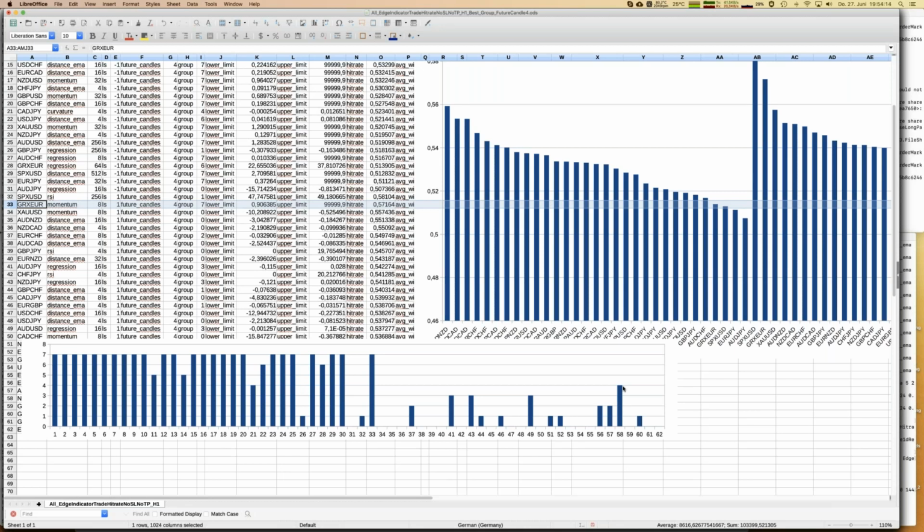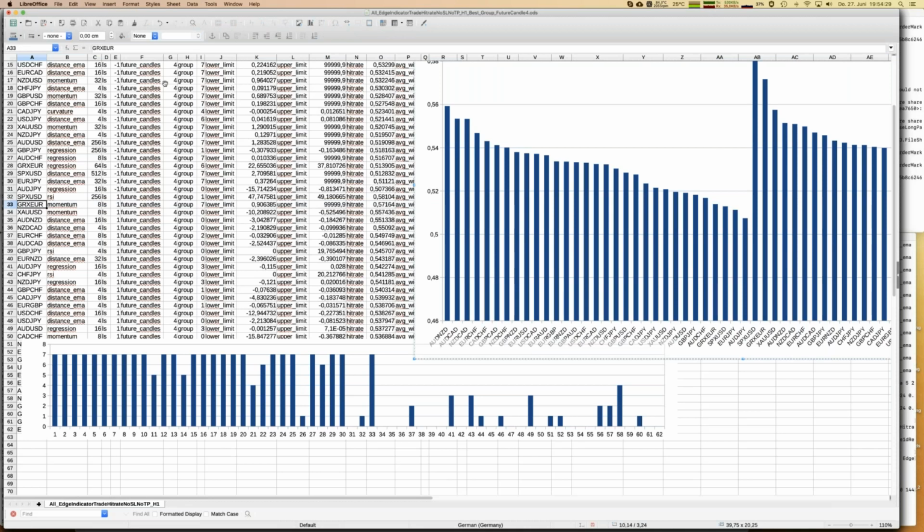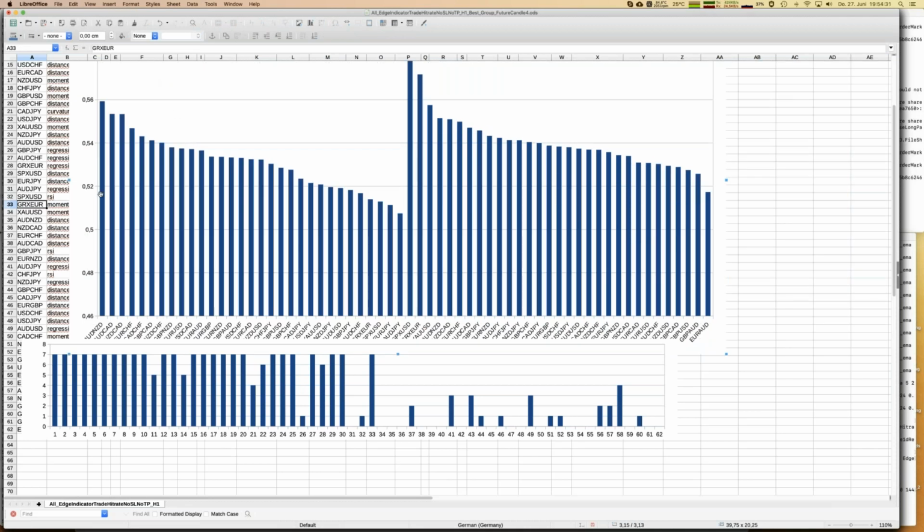But you see that looking from a more distant point of view at everything I presented here today, we can go for some common conclusions, and it's really that easy. And nevertheless, you see, we can have significant edges before I go to the other graph. You can see that we can have significant edges above 52%, which goes in the direction that we can even live with the costs of trading finally. That's good enough.